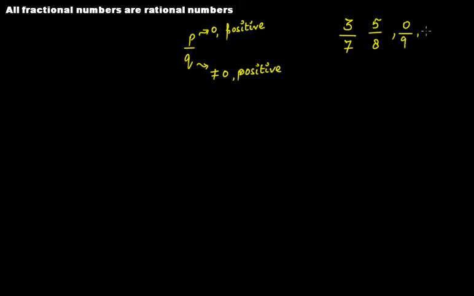Or say I'm writing in the form of a mixed number. Let's say that's 7 and 1 divided by 4. So this becomes 29 over 4. This is a mixed number. Now this 29 over 4 is a fraction.